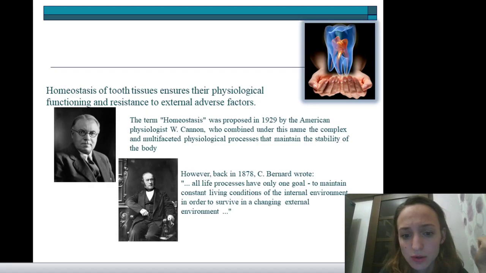The term homeostasis was proposed in 1929 by the American physiologist Cannon, who combined under this name a complex of multifaceted physiological processes that maintain the stability of the body.